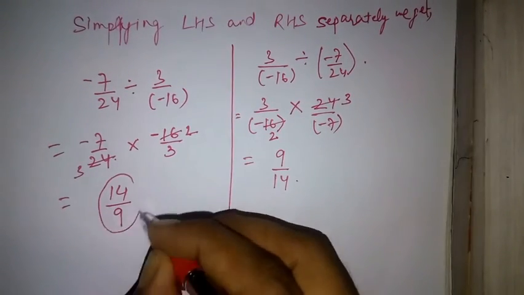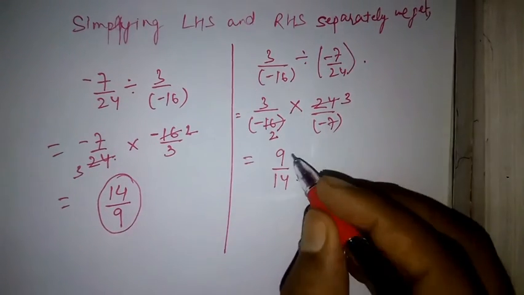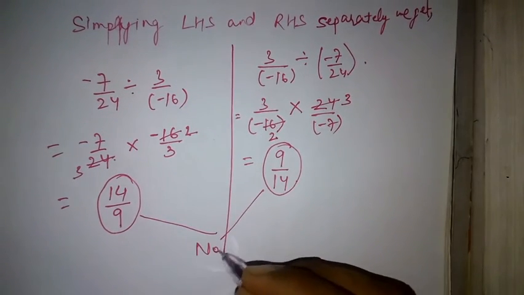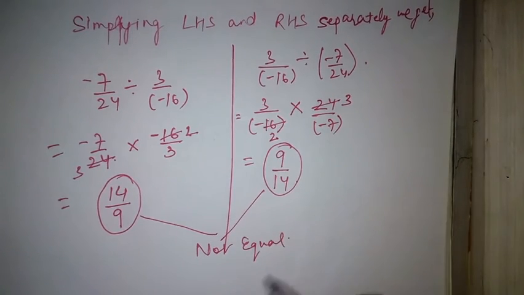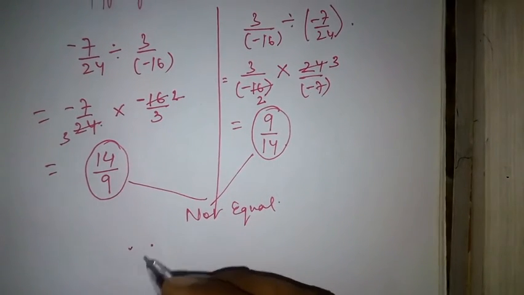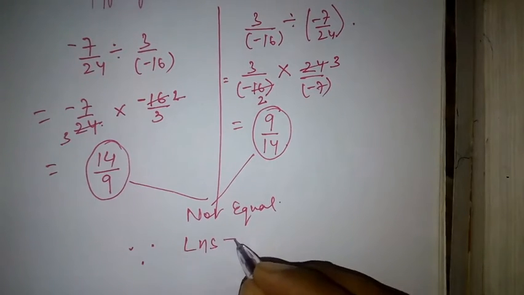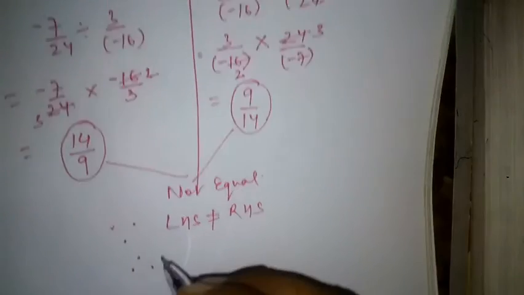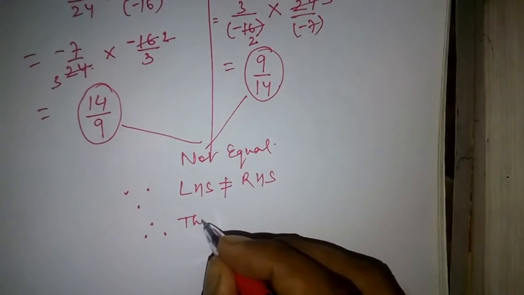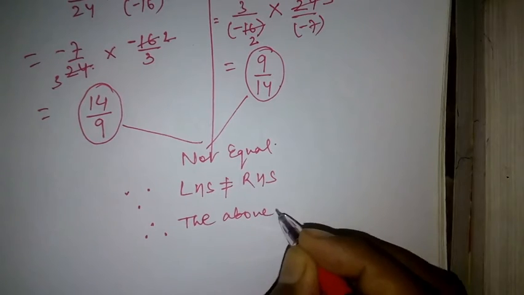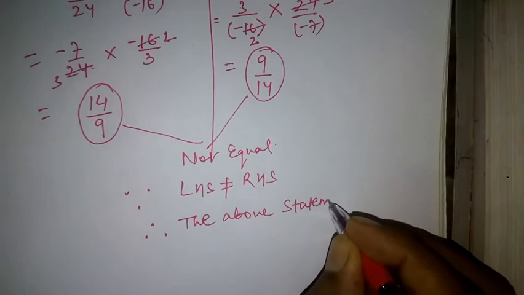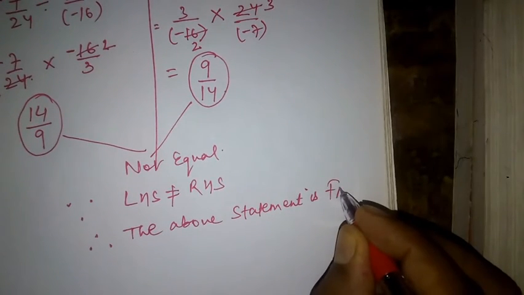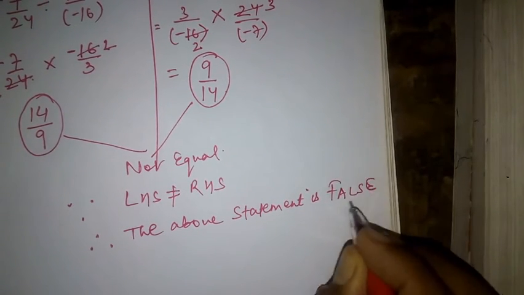Now we can see that in LHS we are getting 14 upon 9. In RHS we are getting 9 upon 14, not equal. Since LHS is not equal to RHS, therefore the above statement is false.